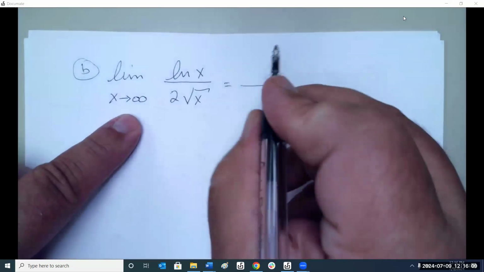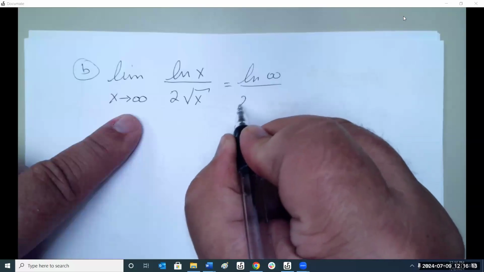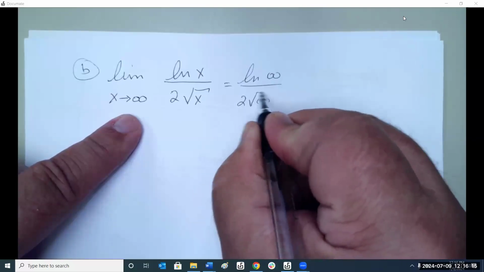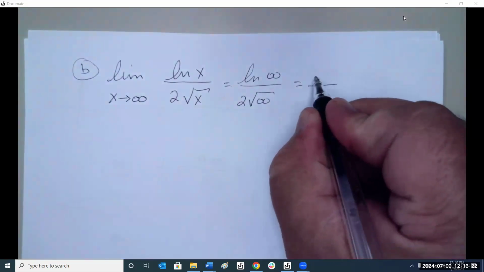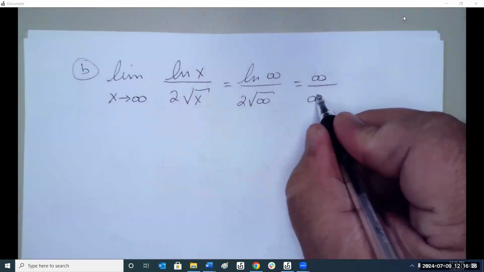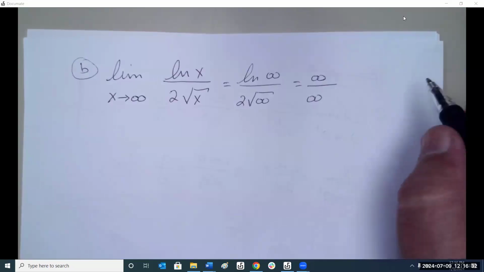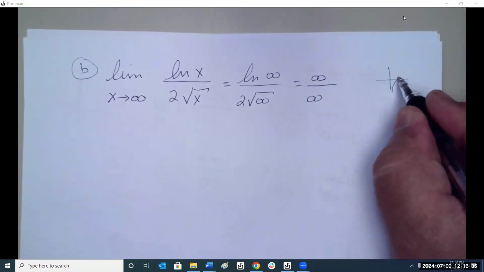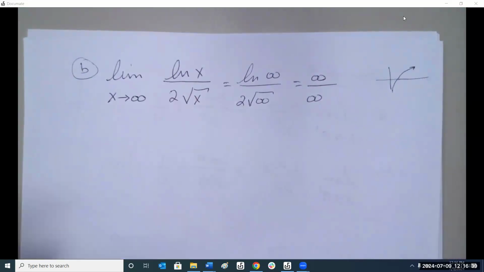Plug in our value at infinity. So we have ln at infinity over the square root of infinity. What's the ln at infinity? So it's infinity over infinity. Remember, the ln function looks like this. As x gets larger, it goes higher, so it goes to infinity.